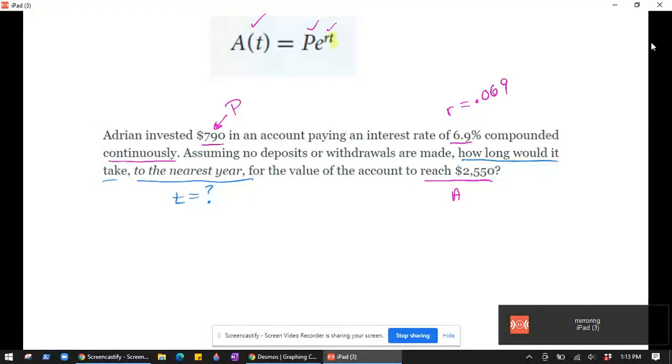So our A is 2,550. Our P is 790. E raised to the R, which is 0.069. And then T is the variable, that we don't know. Okay, so again, variable in the exponent, I'm going to need logarithms.